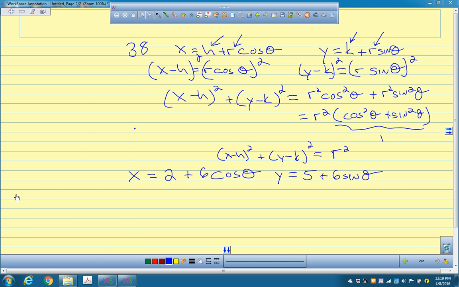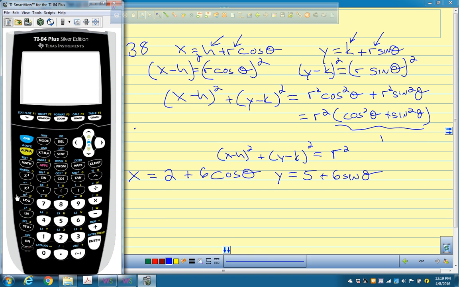So with 61, I plugged into my calculator. You have these two equations. One deals with the horizontal component of the velocity, and this one deals with the vertical component of the velocity.